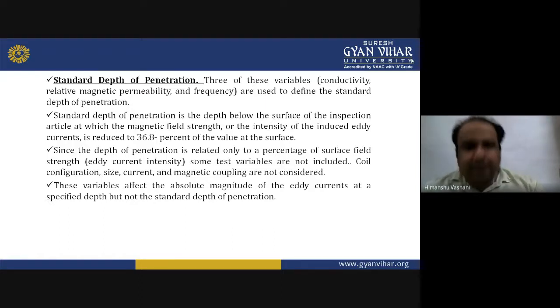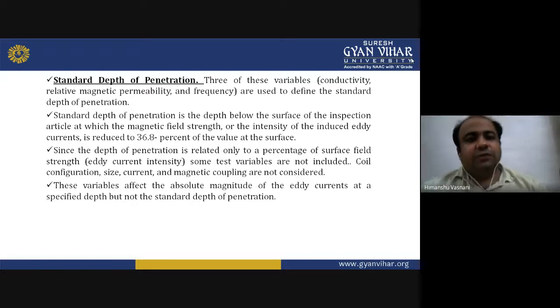Standard depth of penetration is the depth below the surface of the inspection article at which the magnetic field strength, or the intensity of the induced eddy current, is reduced to 36.8% of the value at the surface.